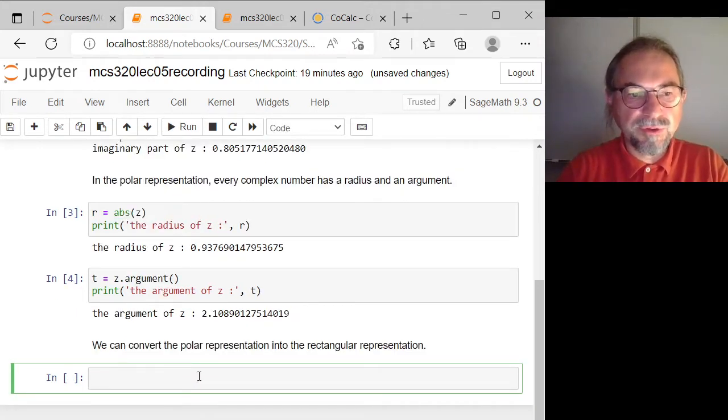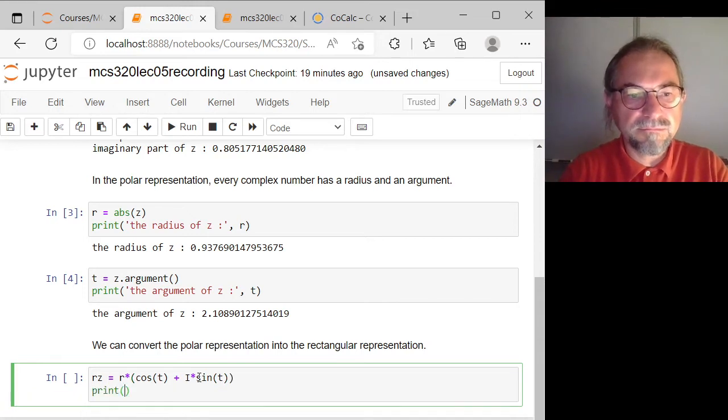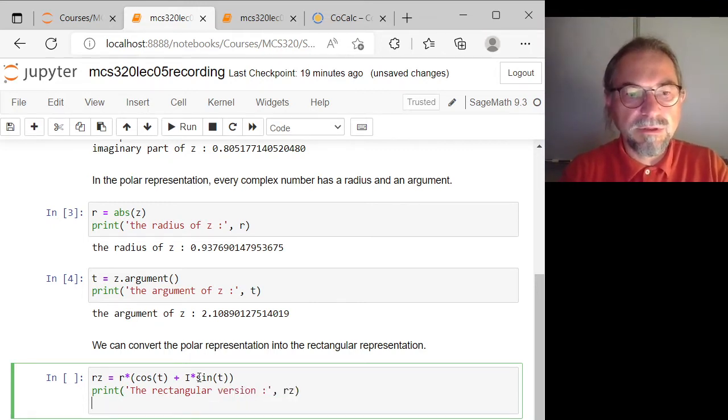I can compute the rectangular version RZ by multiplying R with cosine t plus I times sine of t. And just to compare with the original z, let me line them up.